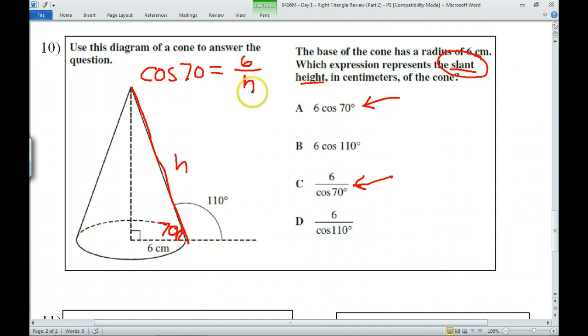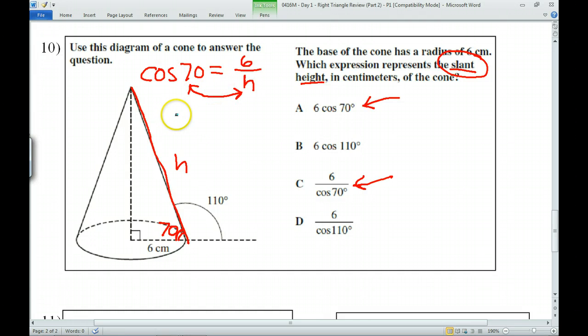We need to solve this for h. What is the quickest way to solve this problem for h? Do you remember the shortcut that I reminded you of yesterday? We should be able to reverse and swap the h in the denominator with the expression cosine 70.